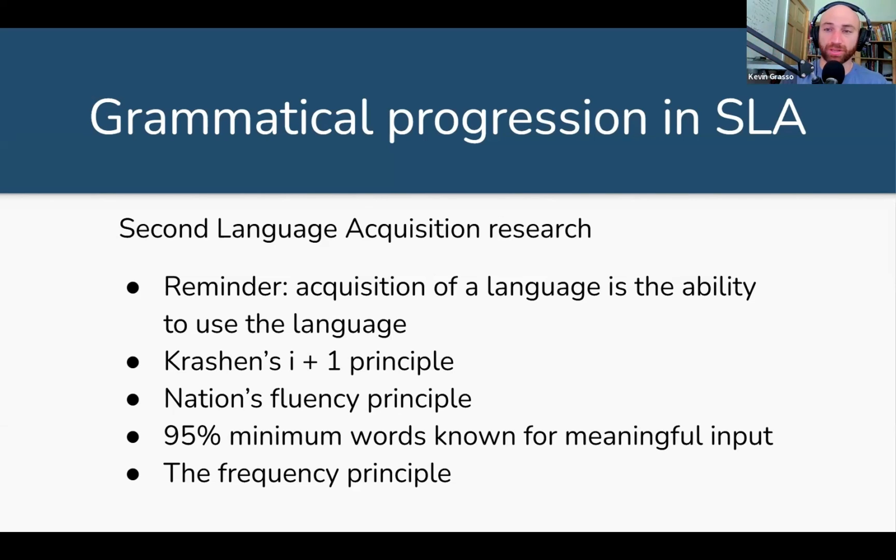Finally, the frequency principle, and this is just drawing from a lot of literature that talks about learning the most frequent vocabulary words first. And the reason why you would do that is because it opens up the door for you to read and understand more text more quickly. And this is what you want, right? You want to get to the point as quickly as possible to where you can start to consume more and more text.